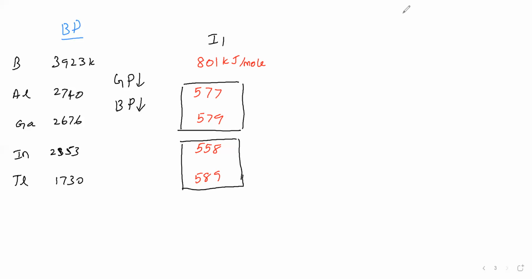Now we will see the second ionization enthalpy in the boron family. For boron it is 2427 kilojoule per mole. The second ionization enthalpy is greater than the first ionization enthalpy. For whatever element you take, the second ionization enthalpy will be greater than the first.